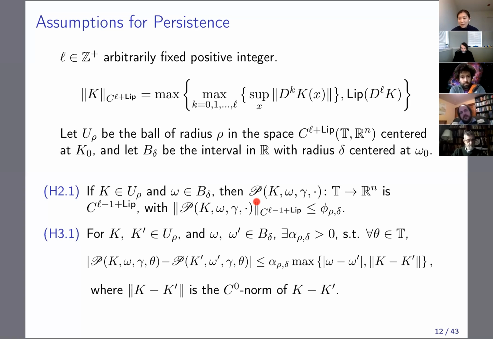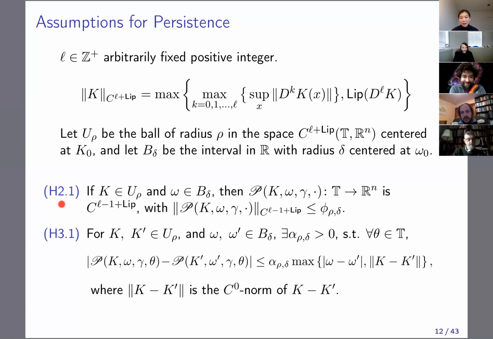We allow one loss of regularity because, as we will see in the operator that we define, we are going to use some integration which allows one loss of derivative. And of course, this hypothesis H2.1 is similar to the a priori bounds in the study of PDEs.